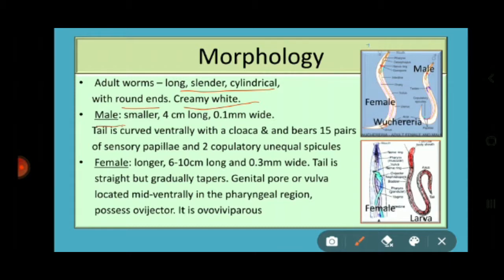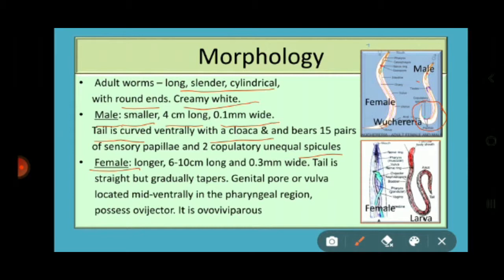The male is always smaller, measuring about 4 centimeters long and 0.1 millimeter in width. The tail of the male is curved ventrally, with a cloaca, and bears about 15 pairs of minute sensory caudal papillae. Two copulatory spicules of unequal size are also present.